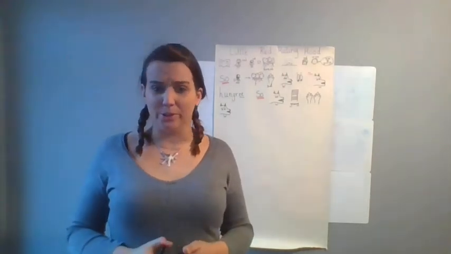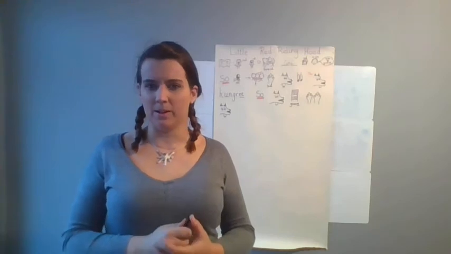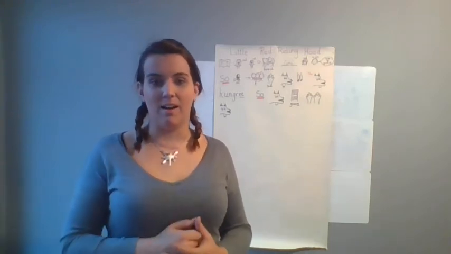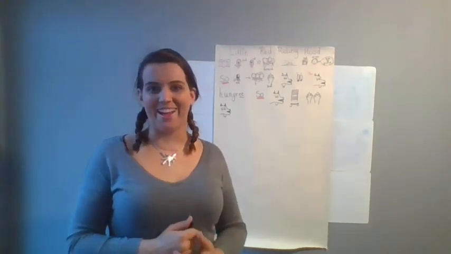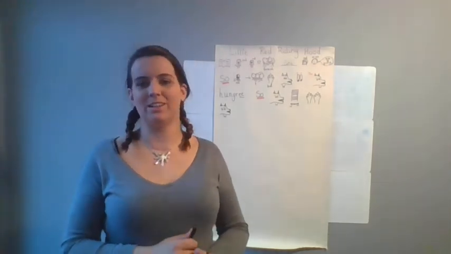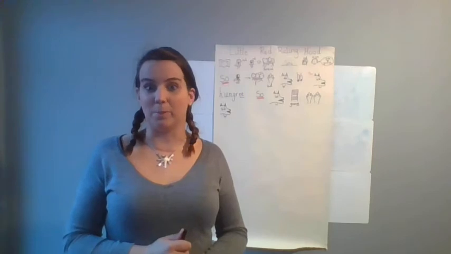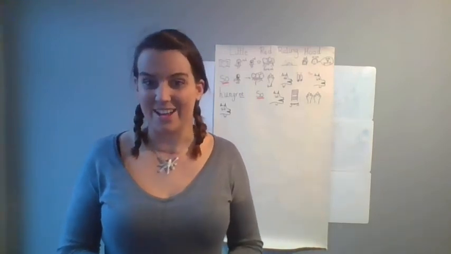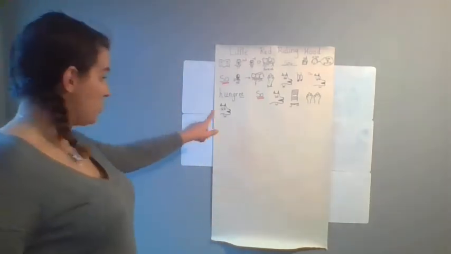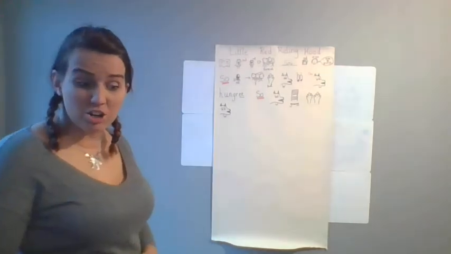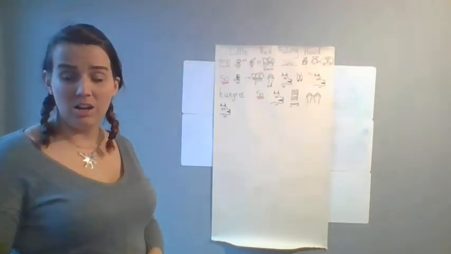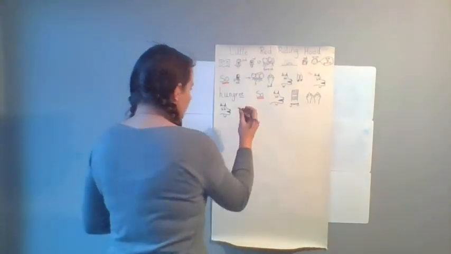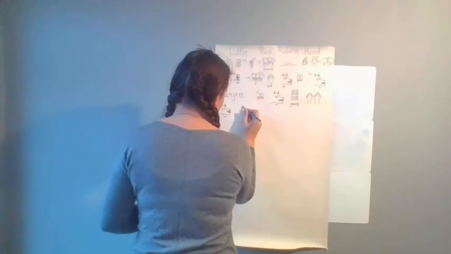What does gobbled mean? You might say, I had some sweeties and I gobbled them all up. What would I have done with them if I'd gobbled them all up? I'd have eaten them really fast. Well done. So, the wolf gobbled Granny up. Oh my goodness. The wolf must have been really hungry. The wolf gobbled Granny up.